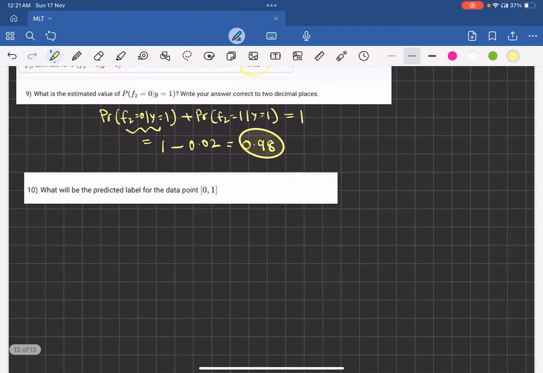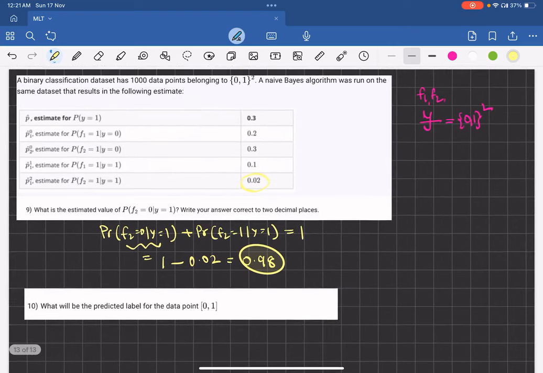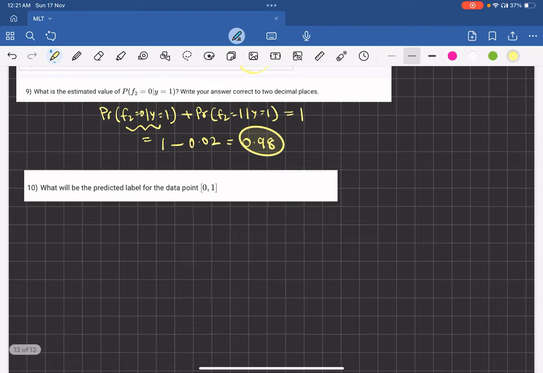The next question says what is the predicted label for the data point (0, 1)? Okay, let's see. So what does this mean? This means f1 is equal to 0, f2 is equal to 1, right? Now we have to compute two probabilities. One is the probability that y is equal to 0 given f1 is 0 and f2 is 1, right?